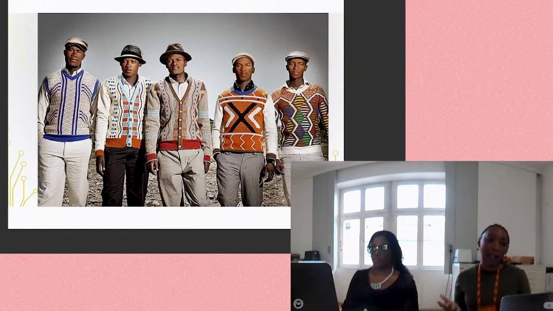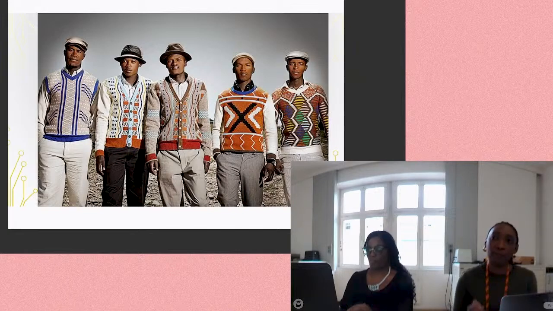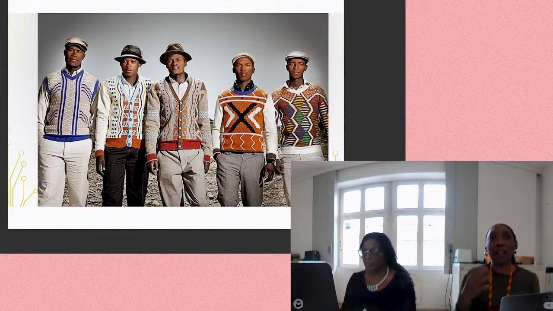So he comes from a family that used to weave carpets. So his family used to weave a lot of carpets. And then, because he comes from that tradition, he decided to go into knitting. So he started knitting these jerseys that Xhosa men could wear and would make them look different because they just graduated from their initiation program.